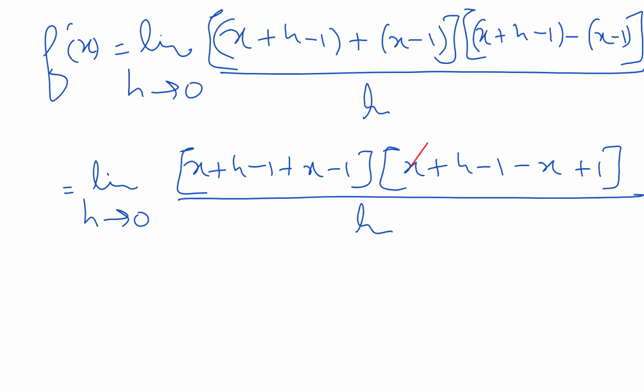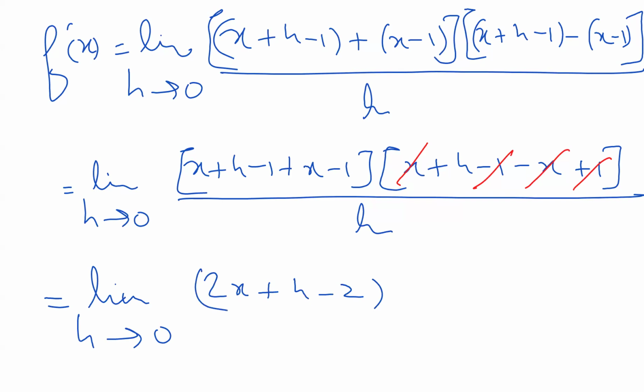So here x is getting cancelled, and then minus 1 plus 1 is also getting cancelled. So we are left with h in the second box. So x plus x is 2x plus h minus 2, into h upon h.